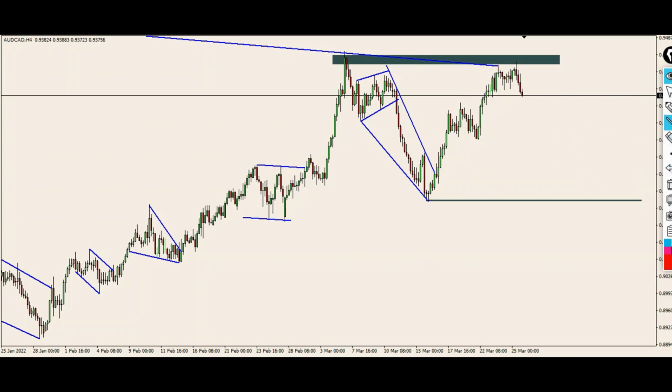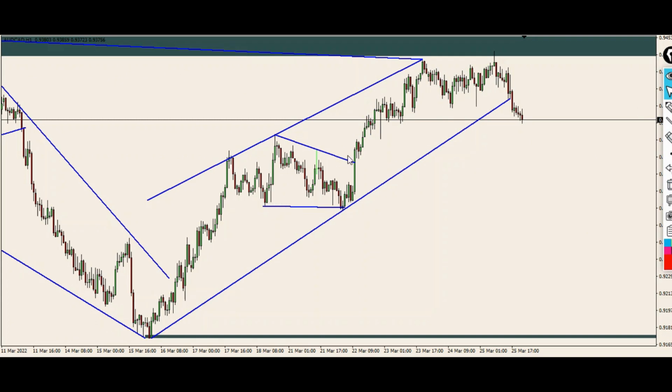So let's go on the 1-hour chart and see what we can find over there. On the 1-hour chart, we find something very interesting, which is called patterns in patterns. So within the pattern of the larger double top, and within the second leg, which is an ascending channel, we see a double top on top of that.